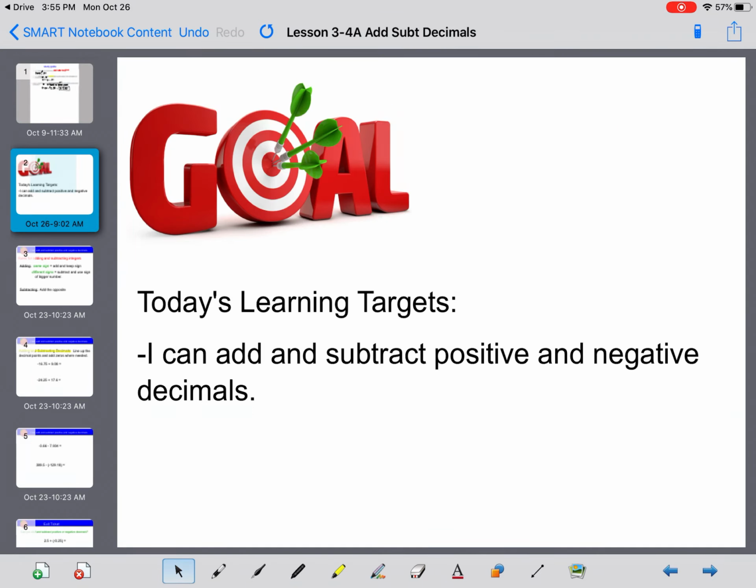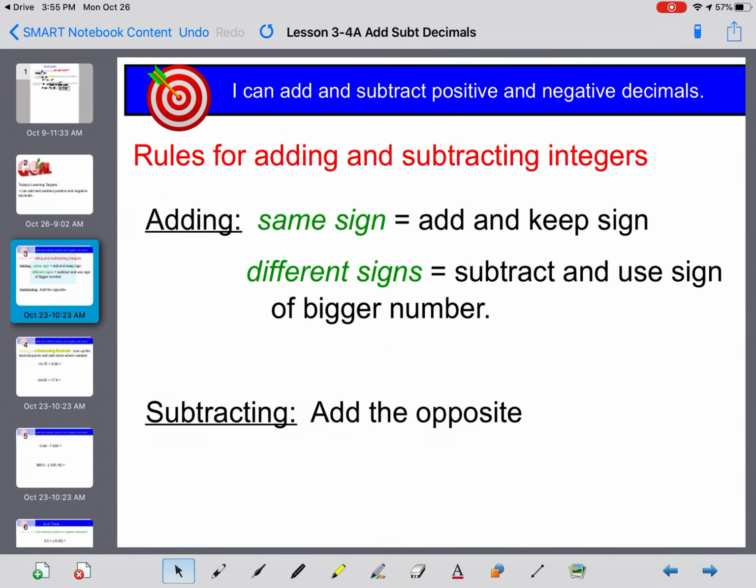In today's lesson, we're going to add and subtract positive and negative decimals. Before we can do that, we need to remind ourselves of what we learned in Chapter 1 this year. In Chapter 1, we learned the following rules for adding and subtracting integers. Remember, integers are positive and negative whole numbers.